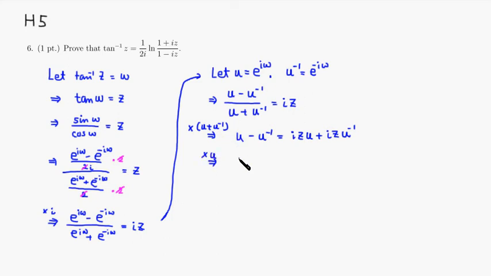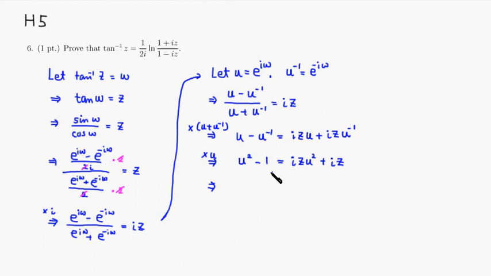That way you will get u squared minus 1 is equal to izu squared plus iz.